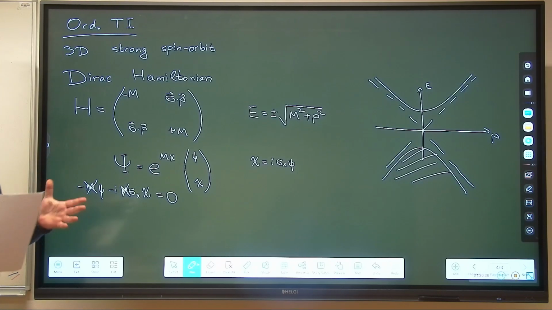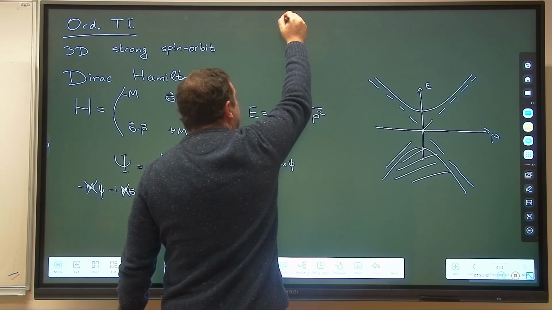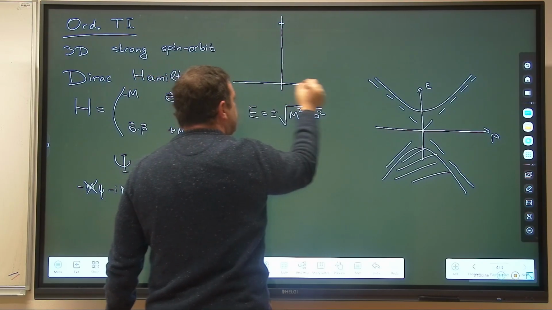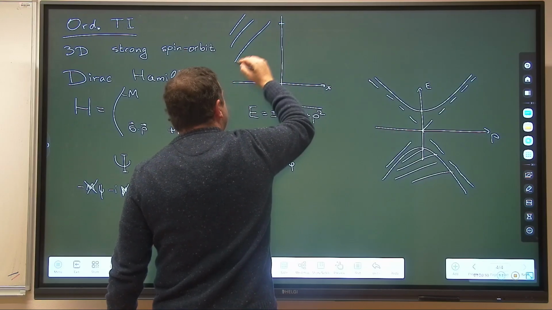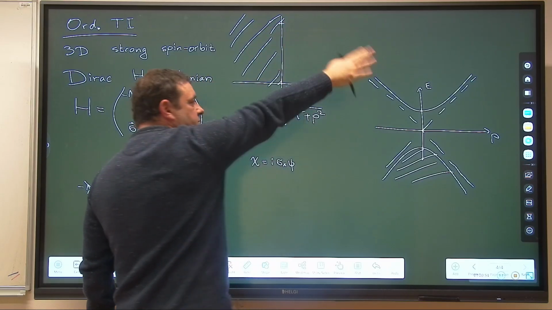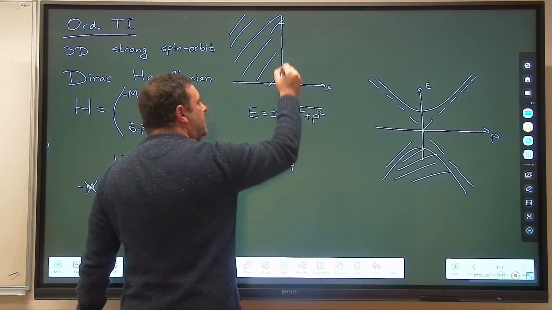But if I have my sample which for some reason occupies only half space. This is x direction, and my material occupies half space for negative x, and there is nothing for positive x. I have a surface. This is the surface.